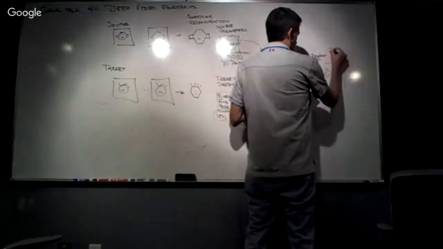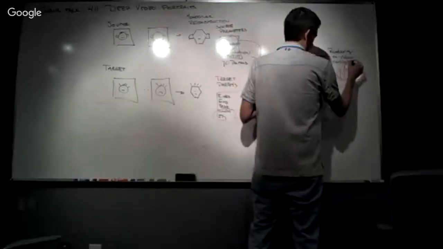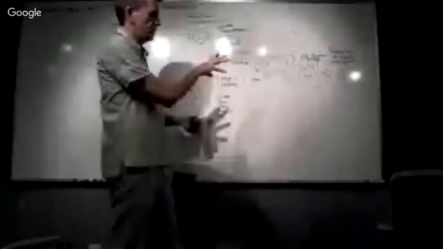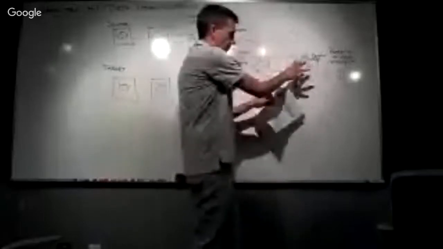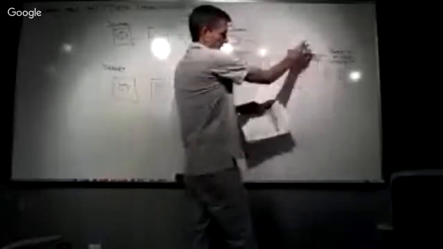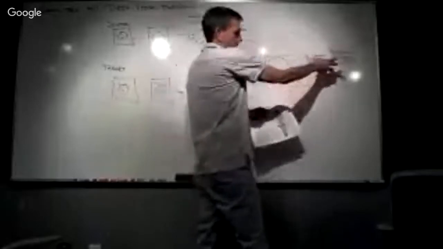So they have a rendering to video translation network. The image that's been rendered, and I'm skipping something here, but I'm going to save it as a surprise later. We're going to take basically the rendering of this image, stick it into this, and out will pop the 256 by 256 image.